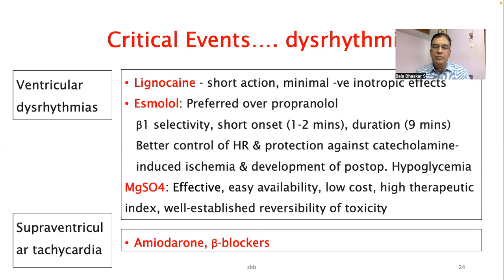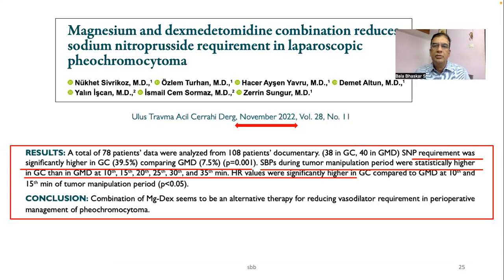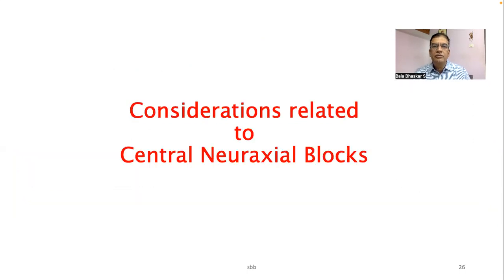It has been reported in patients with pheochromocytoma. For ventricular dysrhythmias and supraventricular tachyarrhythmias, we can use amiodarone and beta blockers comfortably. So this is the report about the use of magnesium and dexmedetomidine, where it was found that it reduced the vasodilator requirement in the perioperative management of pheochromocytoma.